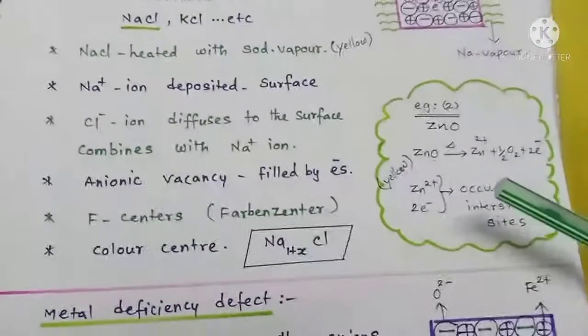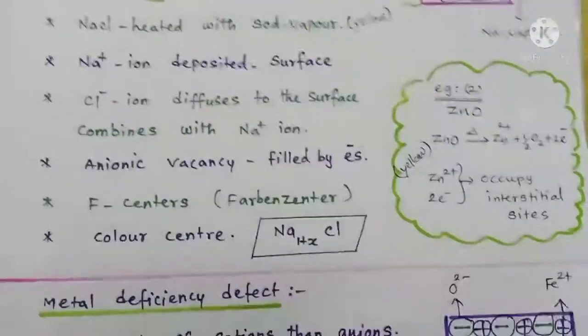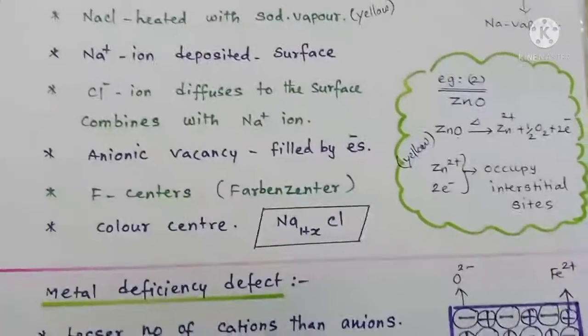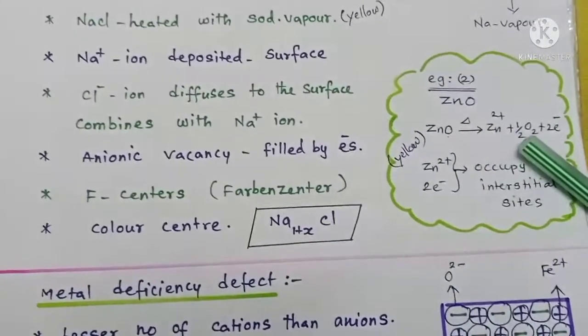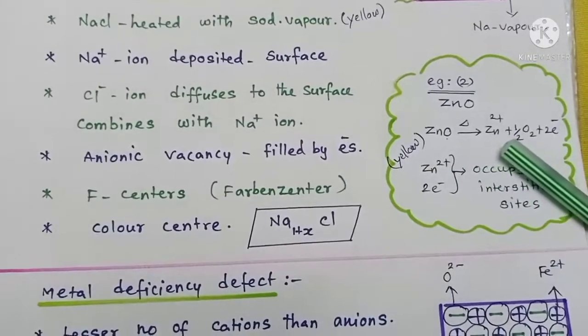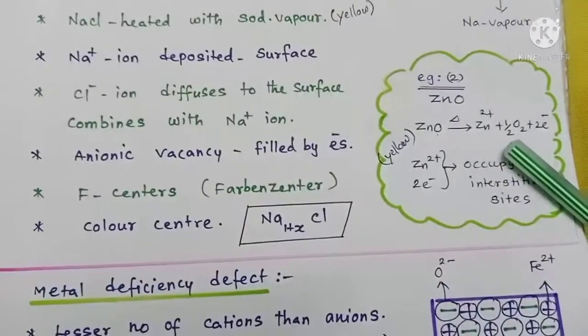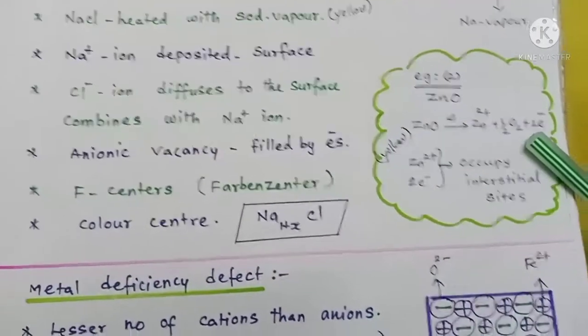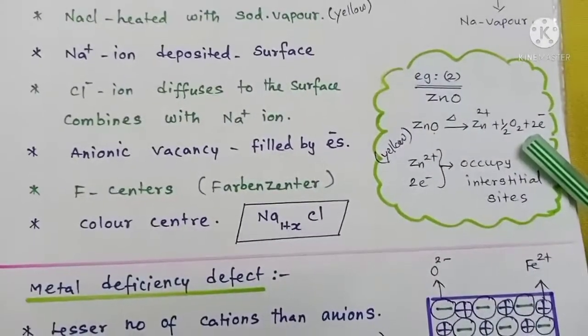Another example for the metal excess defect is zinc oxide. Basically, zinc oxide is a colorless compound, but when it is heated, it may lose oxygen. What happens when zinc oxide is heated? ZnO on heating gives Zn2 plus ion with loss of oxygen and 2 electrons, isn't it? So zinc oxide slowly turns from colorless to yellow while heating.